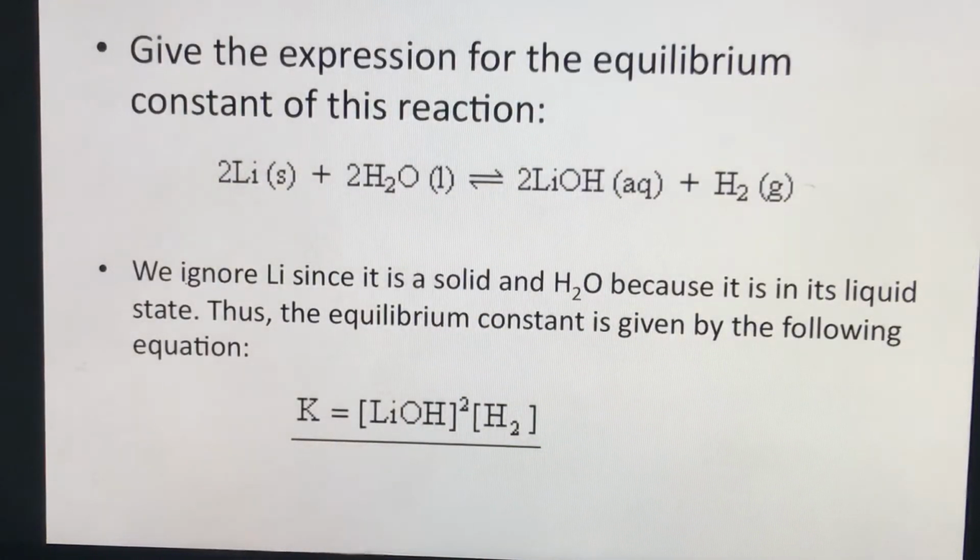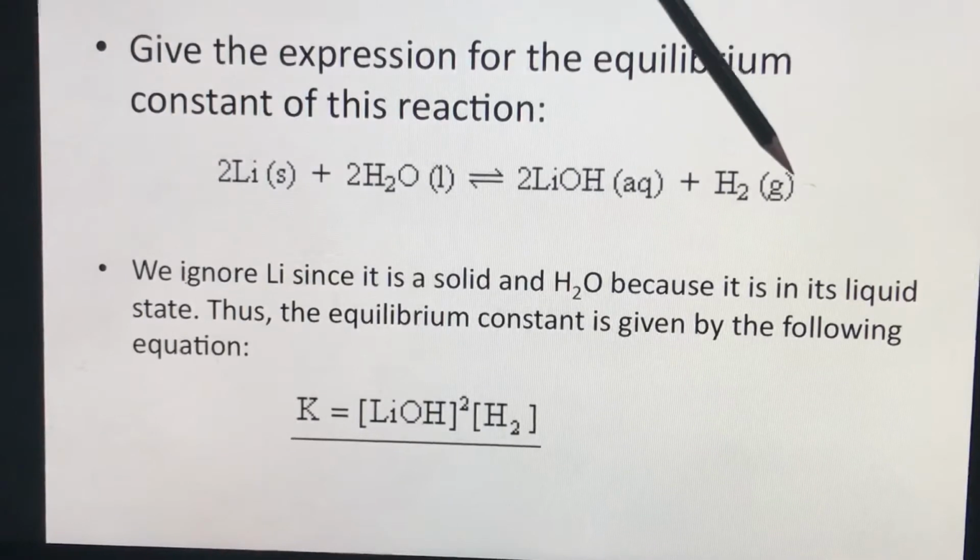Okay. So on your own, 15.5, it says, give the expression for the equilibrium constant of this reaction. So we really are focusing in these cases on the phase of each reactant and product. So we have solid, liquid, aqueous, gas.